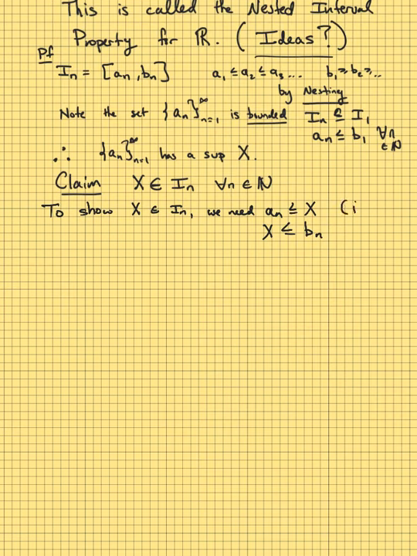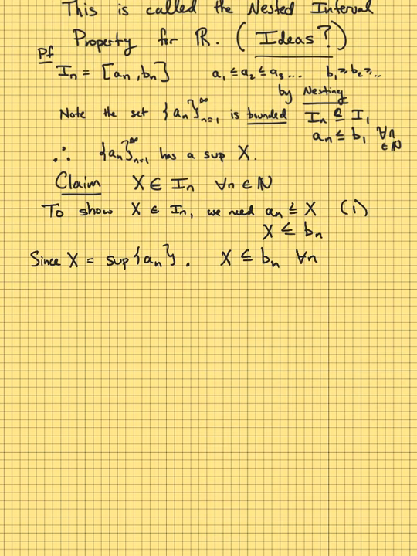So maybe I'll say this. We chose x to be the sup, so since x is the sup of the set of the a sub n's, it obviously is bigger than all the a sub n's since it's an upper bound. Okay? So kind of the work is to show that x is less than or equal to b sub n. Okay? For all n.